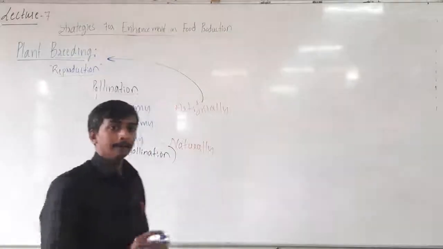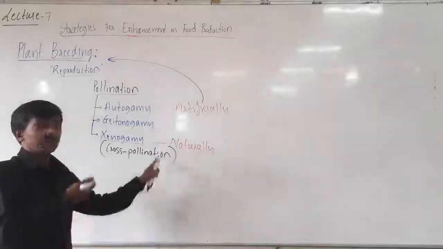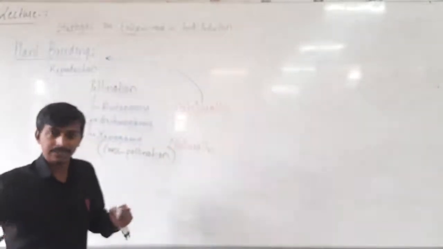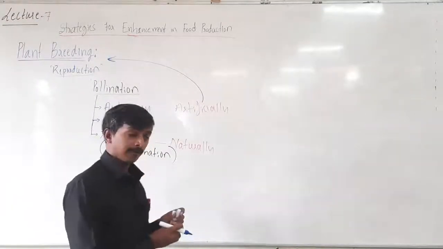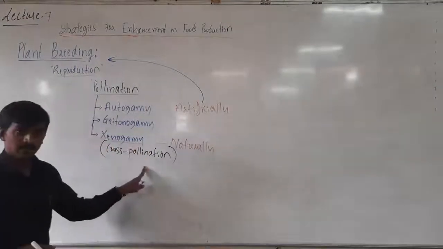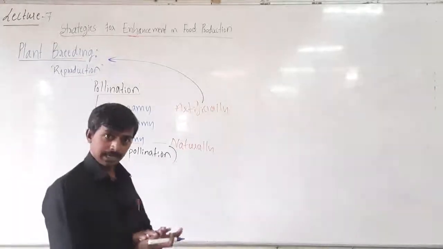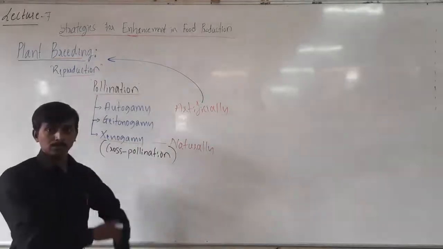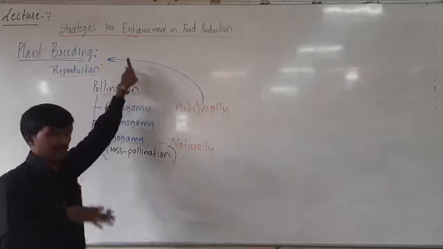That is the pollination which is done artificially by humans, maybe by using some techniques, processes or instruments. When cross pollination, when xenogamy, is done artificially by man, it is called breeding, or cross pollination, which is also called artificial hybridization.